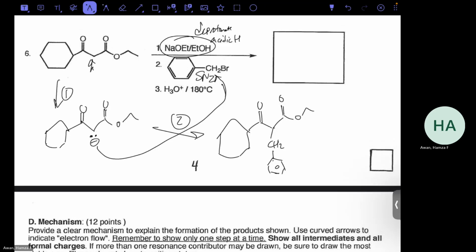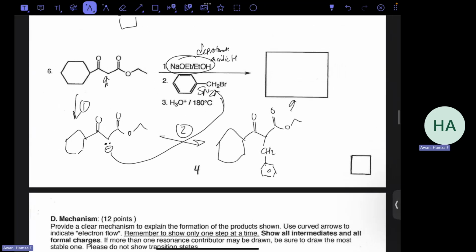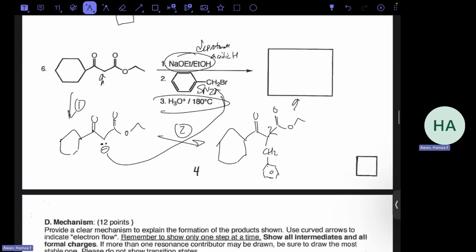So now that we have that, this third step, H3O+ and 180 degrees Celsius, is going to cleave the ester off. We have the beta keto ester, and what H3O+ and 180 degrees Celsius is going to do in this situation is cleave this ester and cause it to be this ketone with the CH2 benzene ring attached to it.